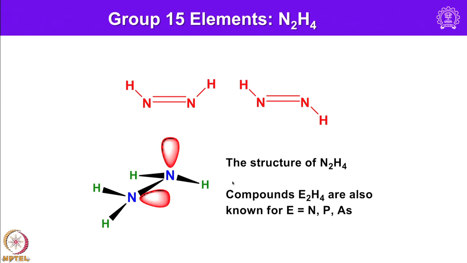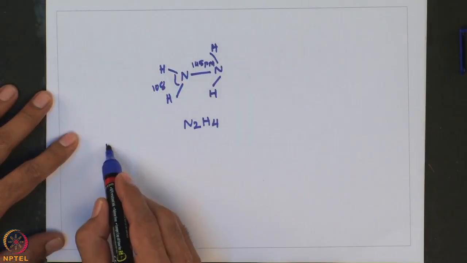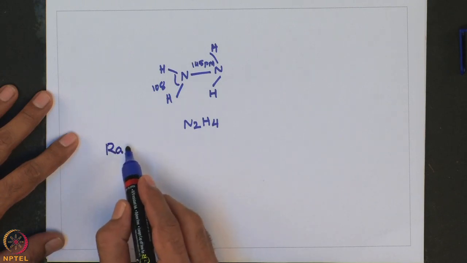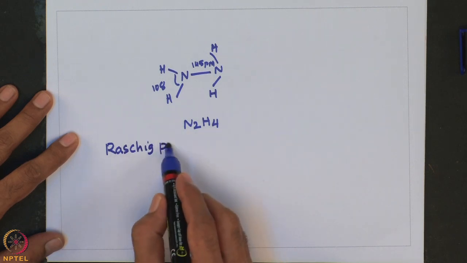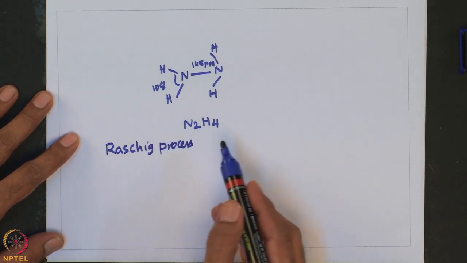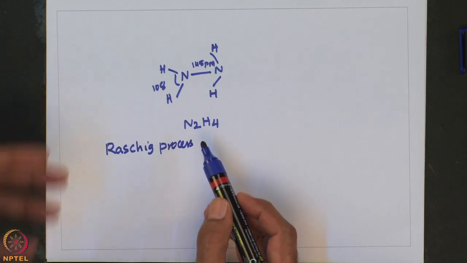And of course, similar to N2H4, arsenic and antimony compounds are also known having E2H4 composition, and hydrazine is manufactured by the Raschig process, in which ammonia and sodium hypochlorite react in dilute aqueous solution.